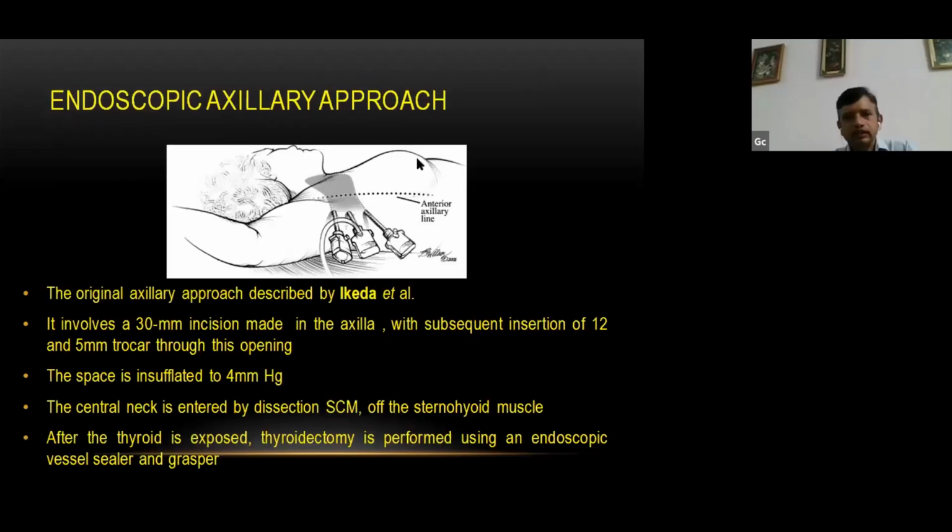So you see the Ikeda, what he did, he shifted that scar area from the chest wall to the axilla, and from there he put the three instruments, dissected and reached up to the neck and removed the specimen from the axilla. So this was the technique which was popular, the axillary technique.